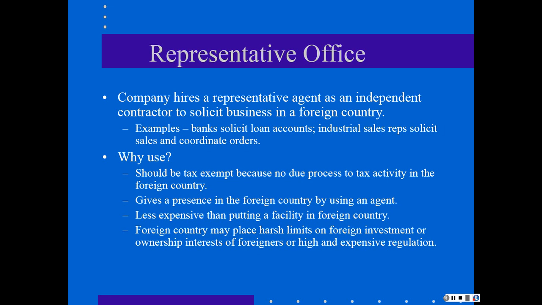Third, it's less expensive than putting a facility in a foreign country. By far, it's less expensive. And last, the foreign country may place harsh limits on foreign investment or ownership interest in foreigners, or high or expensive regulation. In essence, it can be regulatory burdensome, ownership burdensome, and tax burdensome.